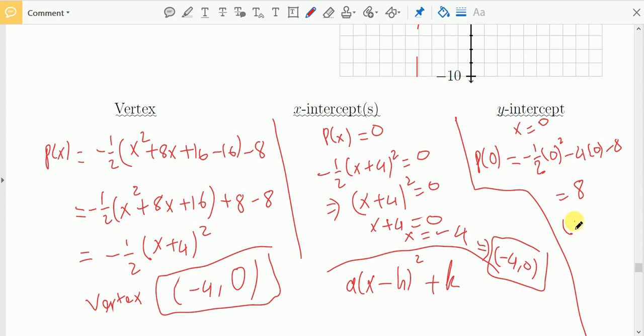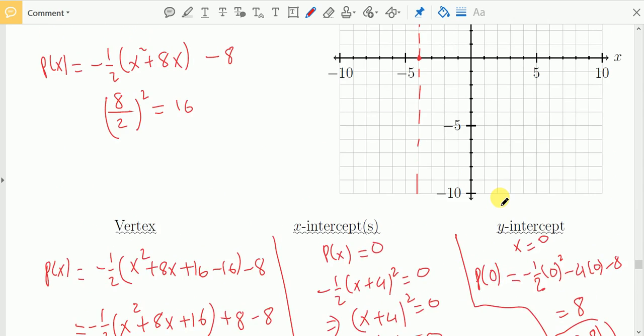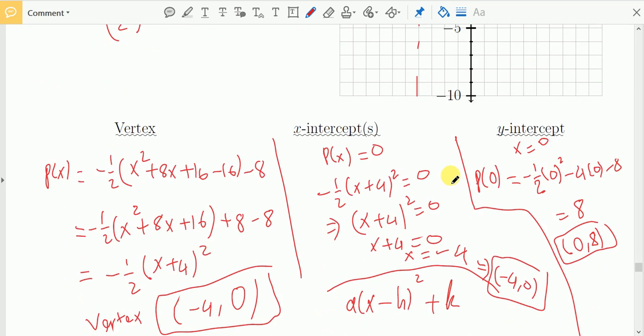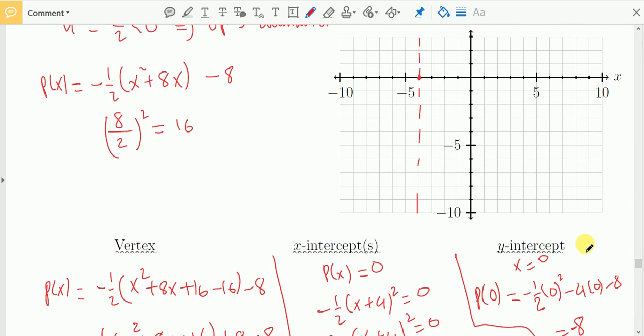So the y-intercept is 0 for x and minus 8 for y. So 0 and minus 8, okay?